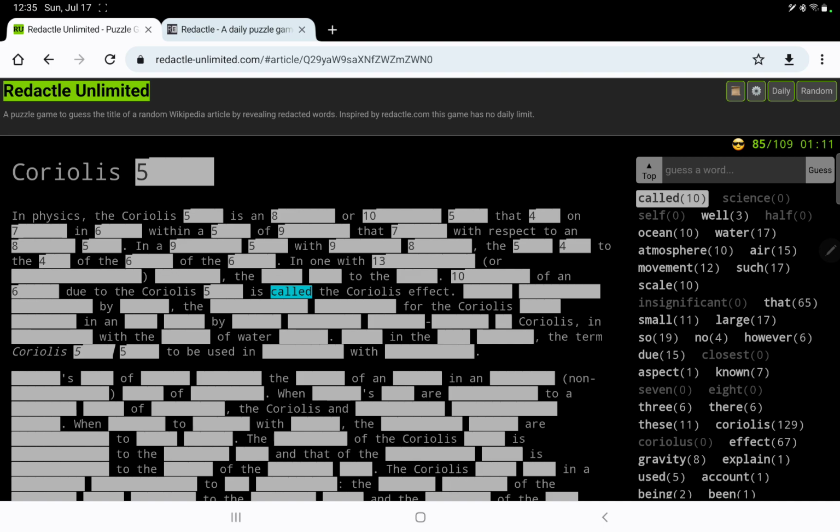So I'll press on. Hopefully this 5-letter word is a common word found outside of science. But so the Coriolis something, and then that causes something, and altogether it's known as the Coriolis effect.